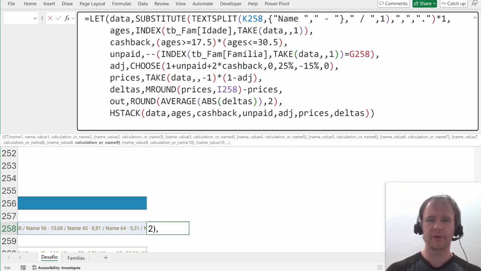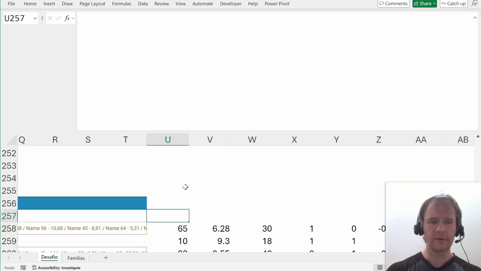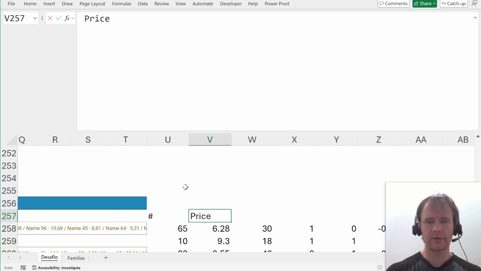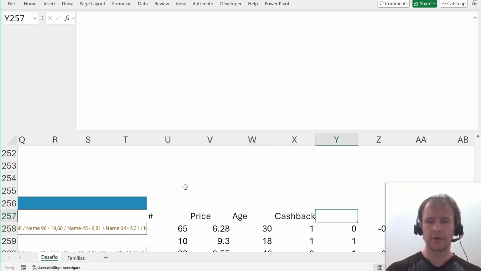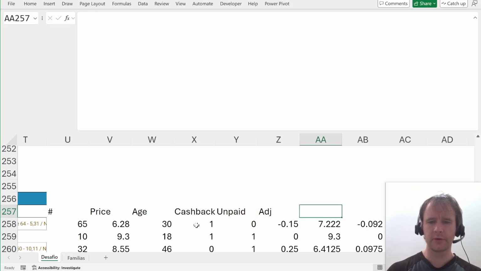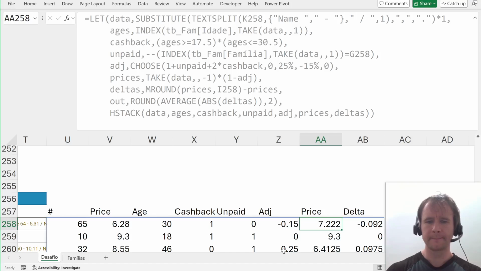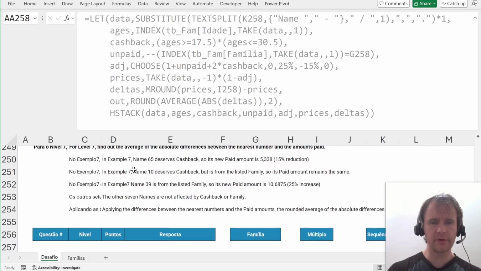Oh, because I'm missing a comma there. Fine. So then my data is number, price, age. What comes after age? Cashback, unpaid. Then the adjustment, price, delta.